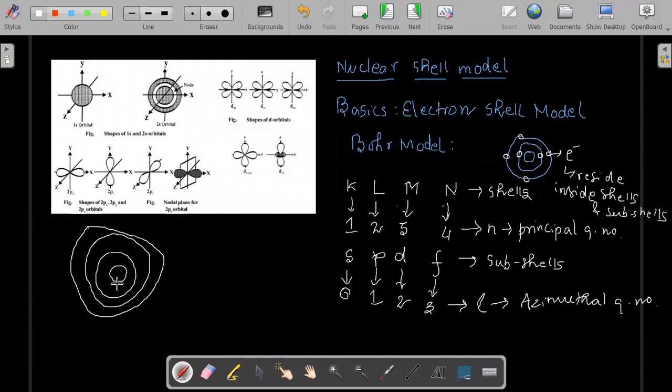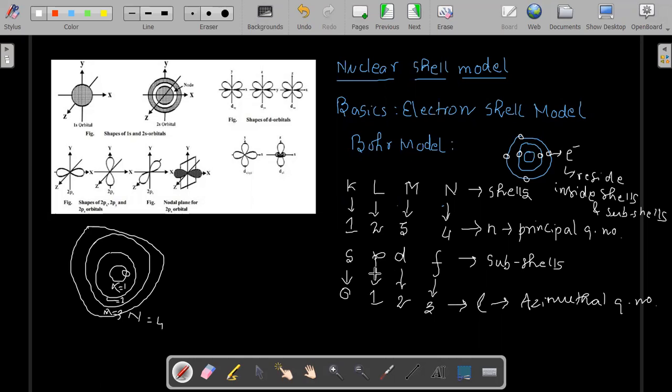K is represented as 1, L as 2, M as 3, N as 4. If you're talking about subshells, in K there will be only one subshell, the s subshell. There can be p, d, and f, but there are no electrons beyond s. There can be a maximum of 2 electrons in this shell.